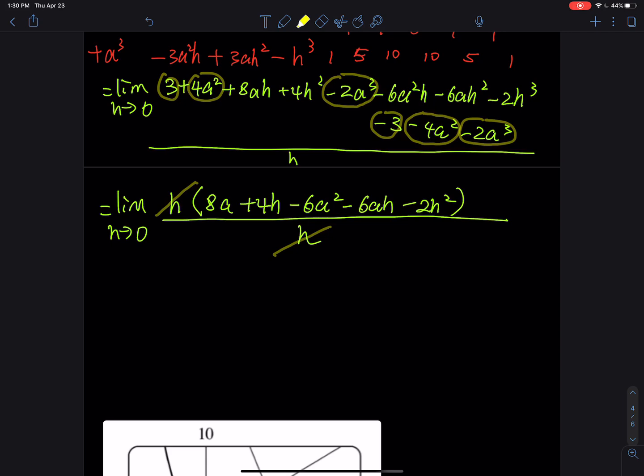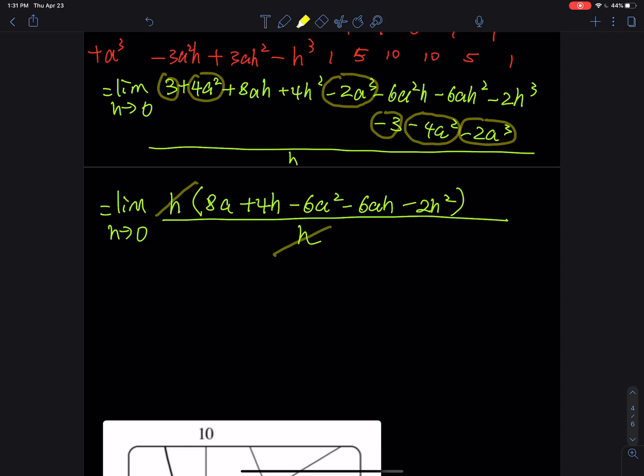When you do your work, if you are unable to get rid of the h in the denominator, that means your work has a mistake. So first, you fully open up all the powers, and then you do some cancellation, and then you factor out an h, and then you cancel the h in the denominator. Four steps. If you miss any one of them, you are making a big mistake.